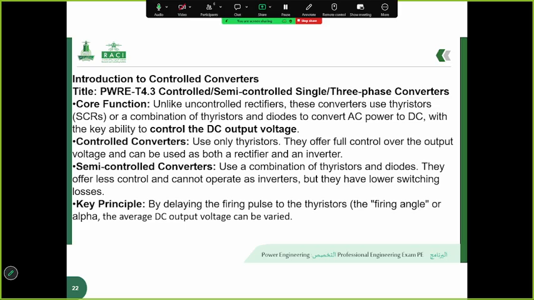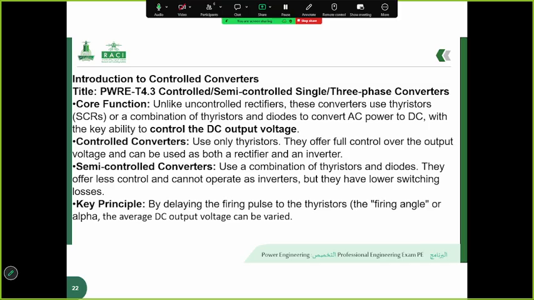So the output voltage can only be controlled in a positive range from 0 to a positive maximum. The diodes prevent the average output voltage from ever becoming negative, which means the converter cannot operate as an inverter.